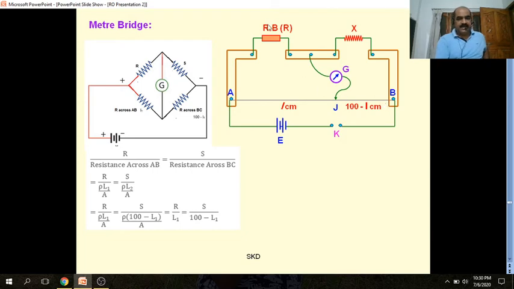So remember that these lengths, or you can say the portion of wire, are directly proportional to resistance. Meaning if R is more, this AJ will be more. If X is more, then this JB will be more. Based on these proportional relations, a lot of questions are asked in examination, so we should have a clear-cut idea about it.